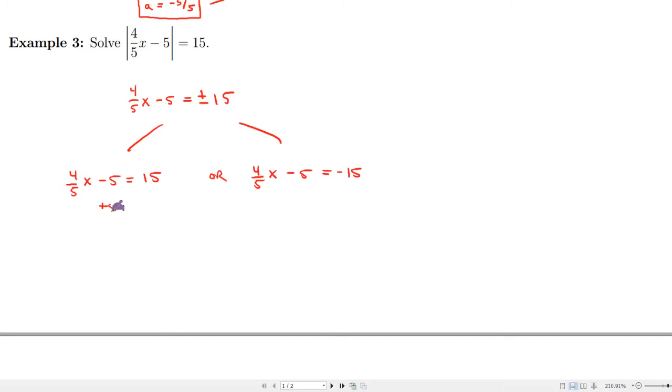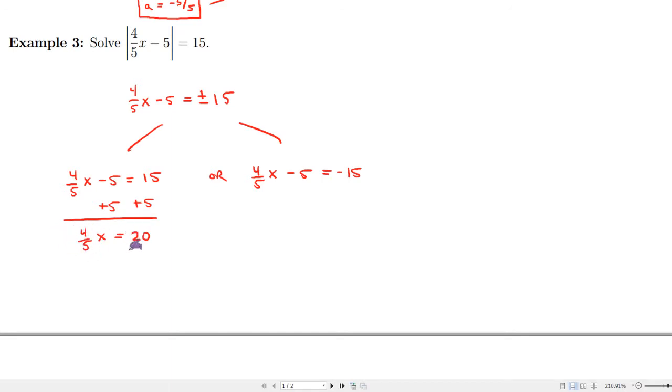So add 5 to both sides. We're going to get 4 over 5 x is equal to 20. We're going to have to multiply both sides by 5, and then we'll divide by 4. Alternatively, you could multiply both sides by the reciprocal, 5 over 4, and that'll reduce that.